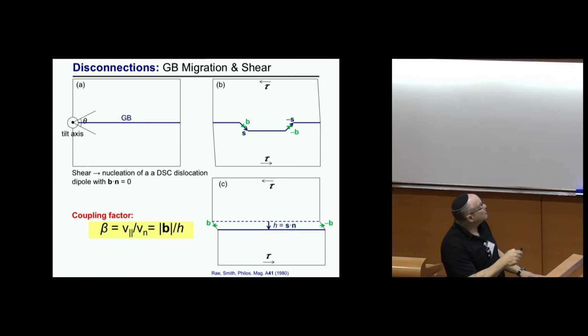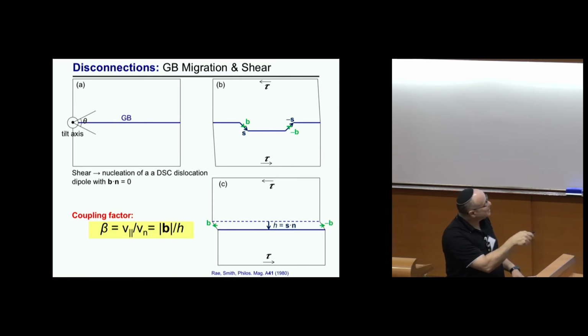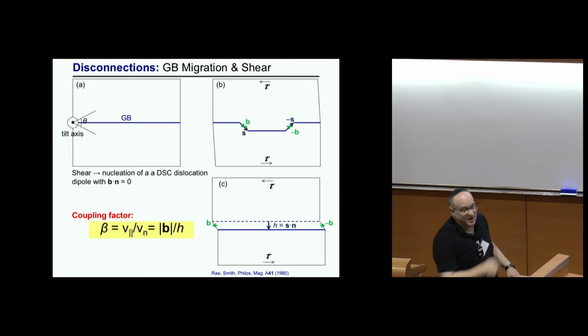So this is the point I'm showing you here. So here's the Burgers vectors here and here. I put in a shear. The shear couples to the Burgers vector, makes these things move sideways. When they move sideways, the grain boundary goes down by 1 step height and shears over by 1 Burgers vector. Okay?